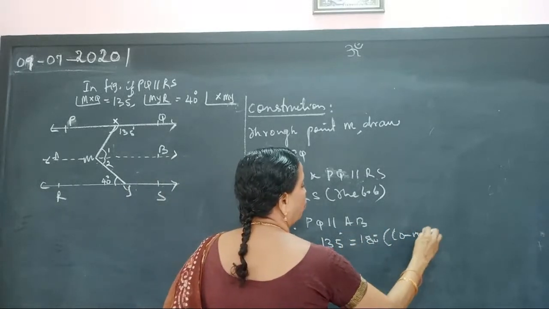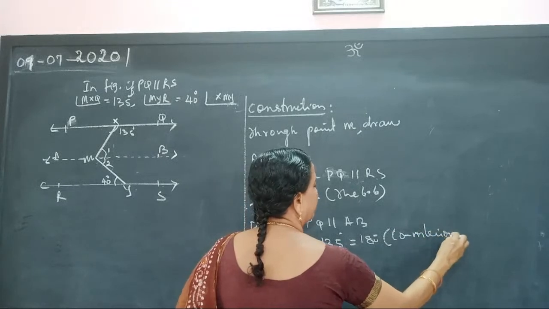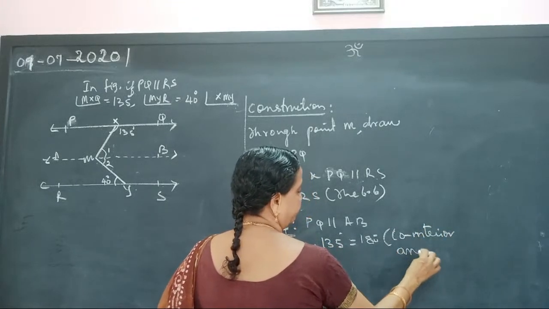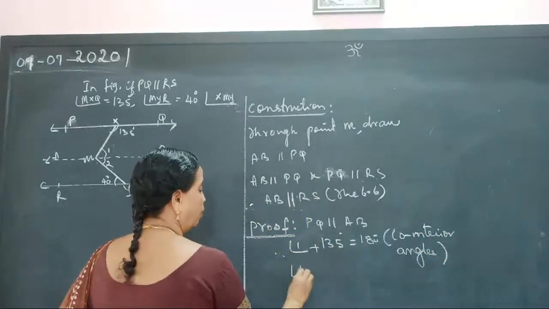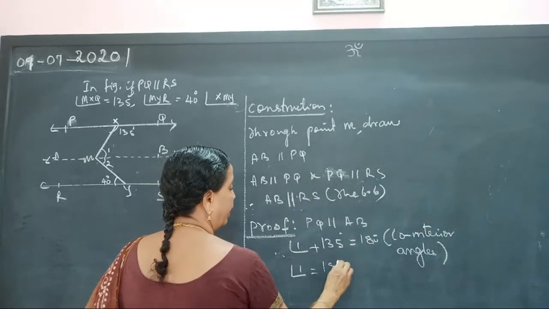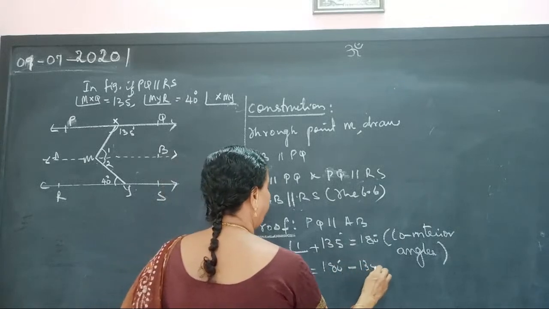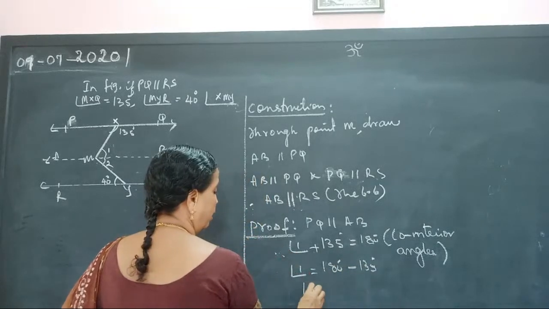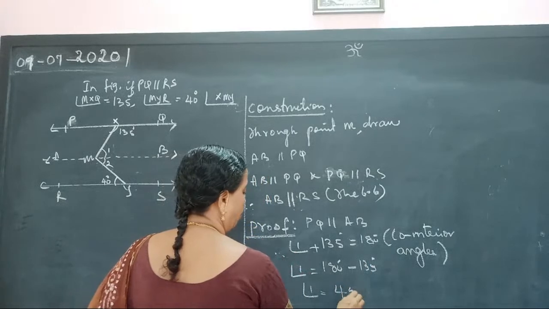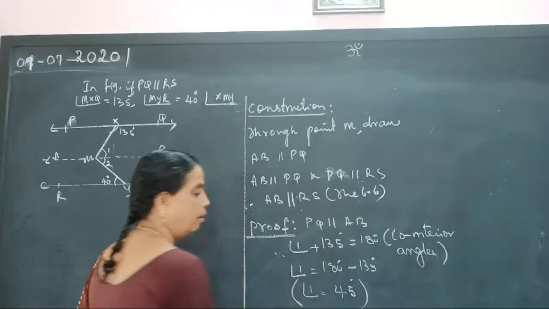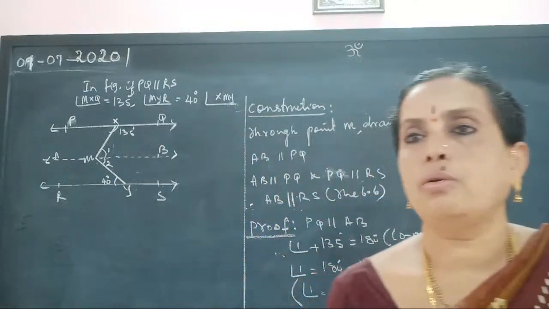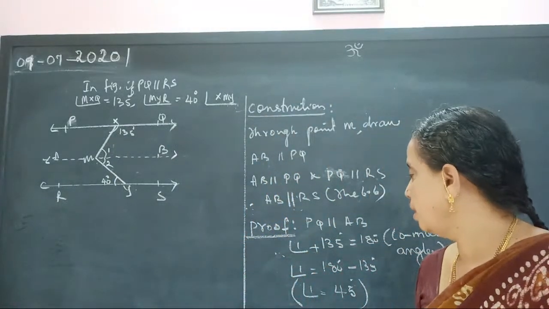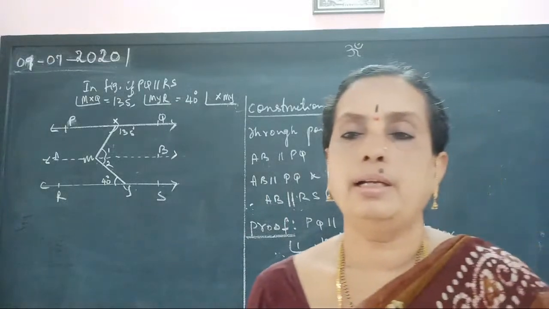Reason: co-interior angles. Therefore, angle 1 equals 180 minus 135 degree. Angle 1 equals 45 degree. This is the first part. Like the previous problem, using the co-interior angle condition, we calculated angle 1.